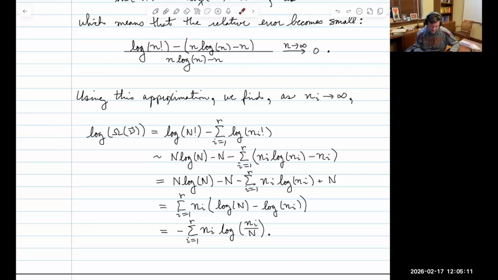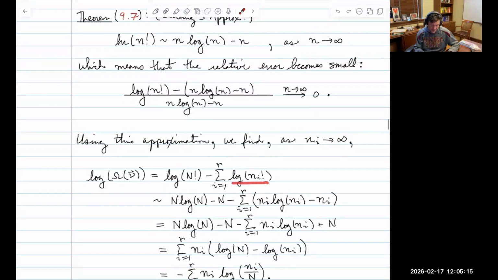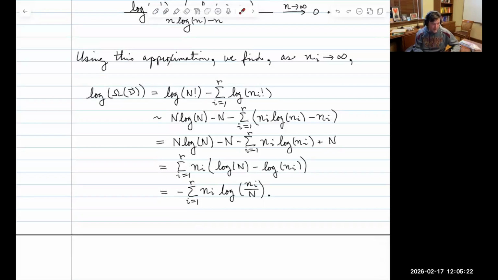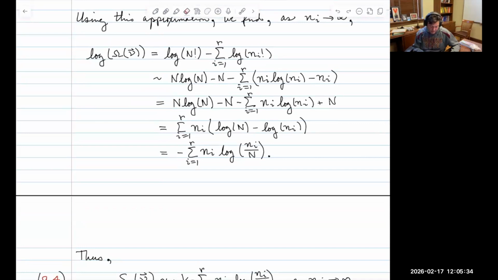So what I want to do is replace this log of the factorial and this log of factorial using Stirling's approximation. So there are two approximations made there. The first one is the approximation made here, and the second one is right there. If I collect terms, I'm going to let you do the algebra offline. What I get is minus the sum i equals 1 to r, ni log ni over n.